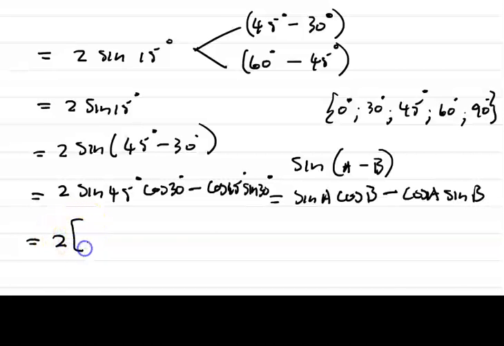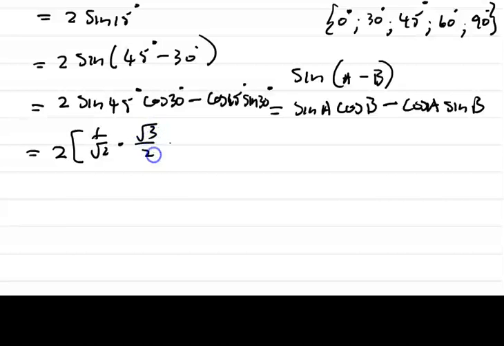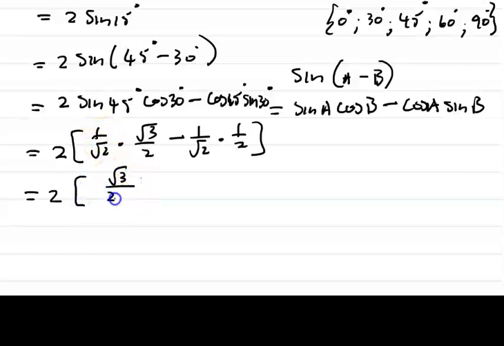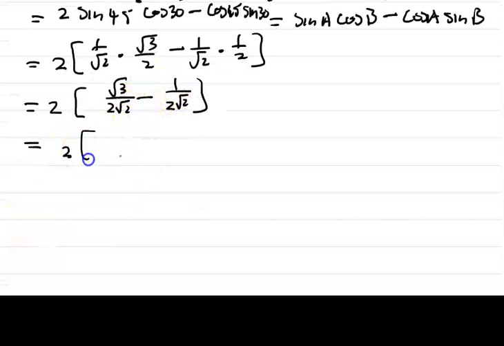2 sine of 45 equals 1 over root 2 times cos of 30 is root 3 over 2 minus cos of 45 is 1 over root 2 and sine of 30 is 1 over 2. 2 into, so we simplify that, that'll be root 3 over 2 root 2 minus 1 over 2 root 2, which would now leave us with, we have a common denominator, 2 root 2, and we have root 3 minus 1.